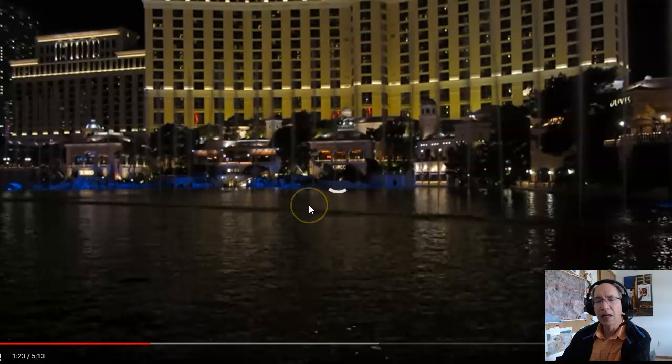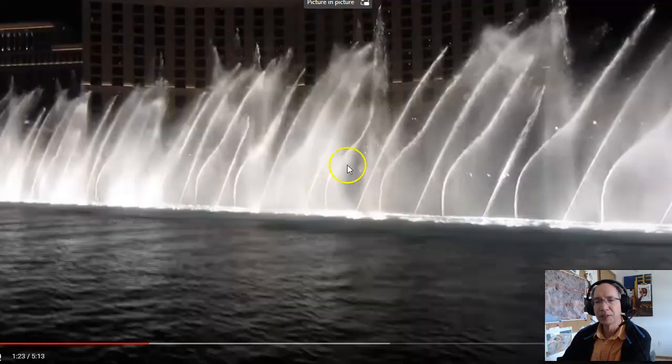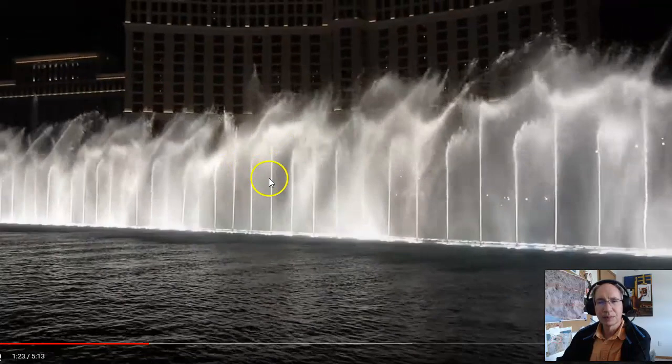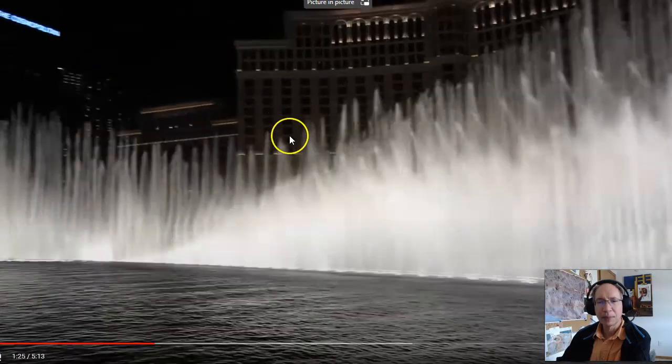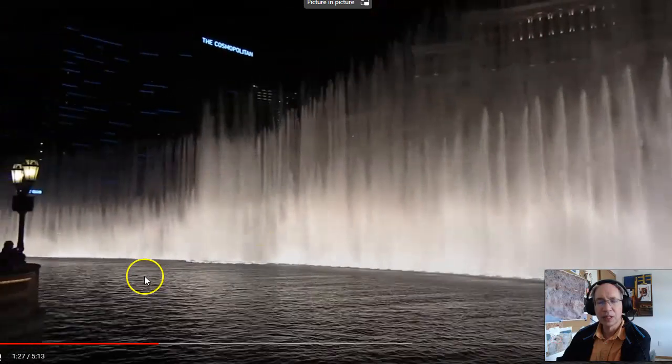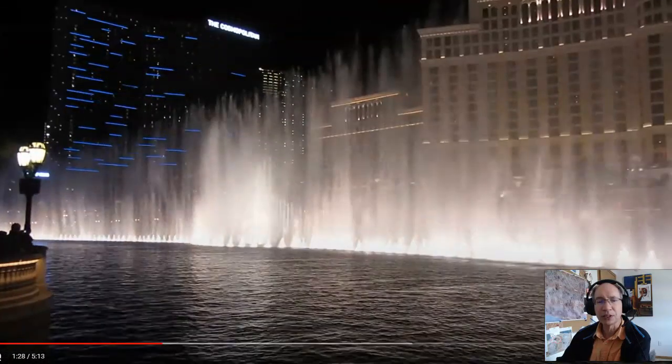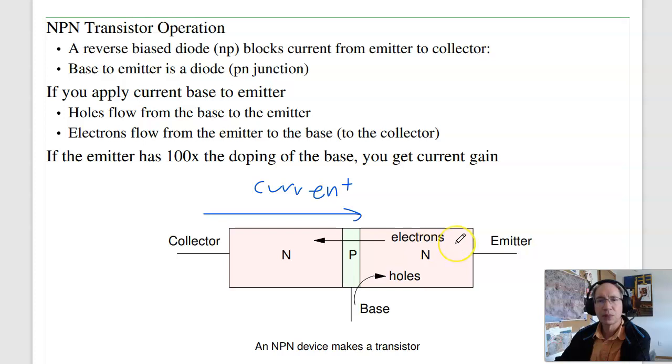I can control how much current's flowing by the current in the base. Again, I can even make it go high, low. That's the base current controlling the collector current. And eventually there's a maximum. I've got a pump. Somebody's trying to push current through the transistor. Eventually I run out of current. I can max out the current flow. That's when it's fully on.